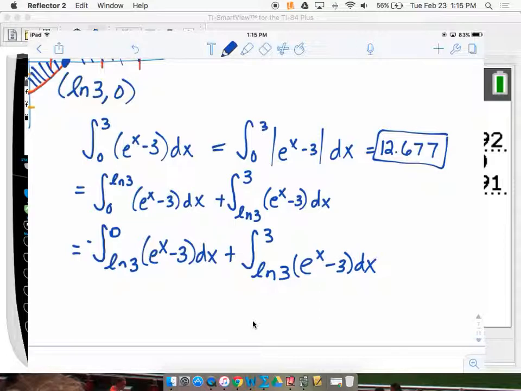So try and do the last line and see if you get the same answer. All right, so I got negative math 9.